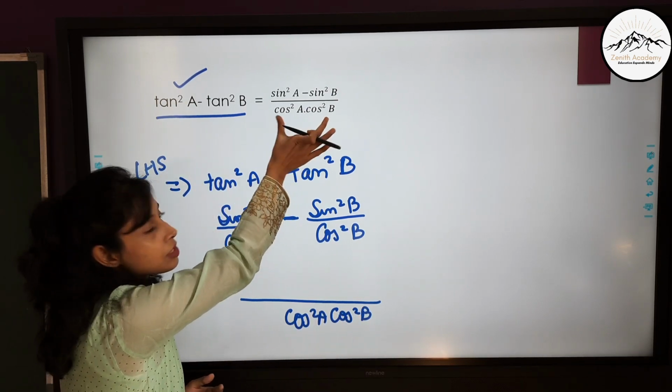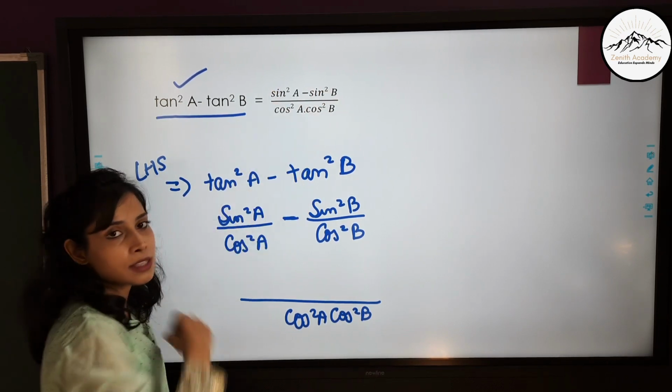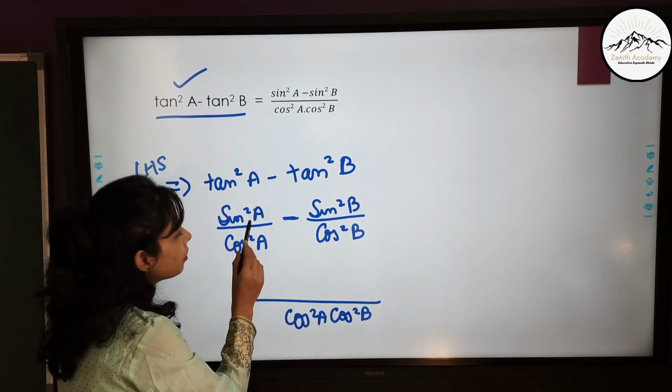See, in RHS this is only the denominator, but in the numerator we require sine. Let's see how we can get it.